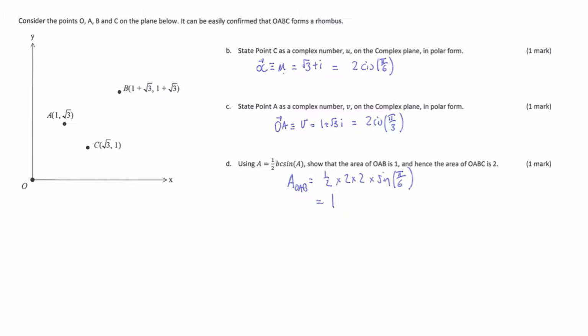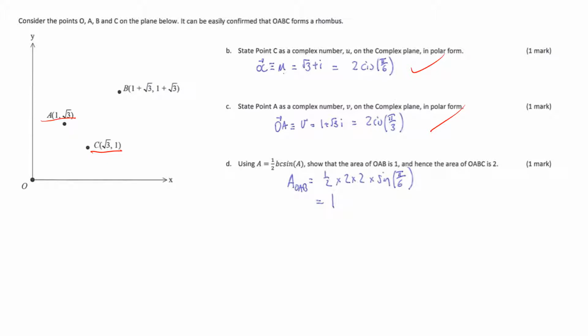Now, gentle enough, we need to work out C, this point here, and A in complex numbers in polar form. Easy enough to work out. It has a distance of 2 from the origin. C is an angle of rotation of pi on 6. A is an angle of rotation of pi on 3, 60 degrees.